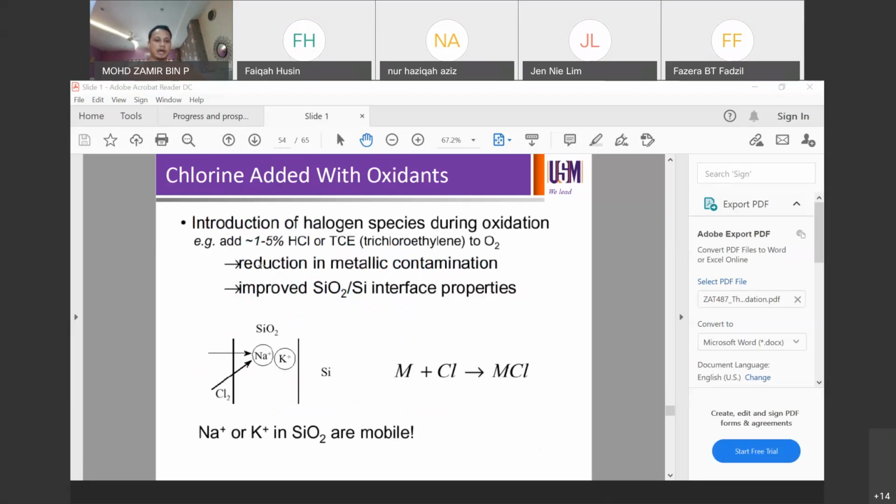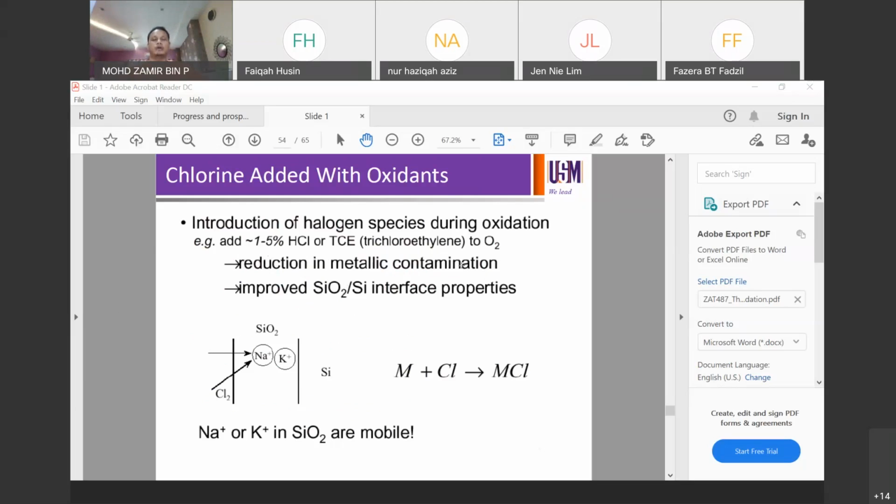For example, if you add 1 to 5% of HCl or TCE to your oxygen precursor, it will help to reduce your metallic contamination in the device or in the oxide layer. As I said just now, if you are running a very thin oxide, sub 10 nanometer oxide, your oxide integrity or your oxide quality is very, very crucial.